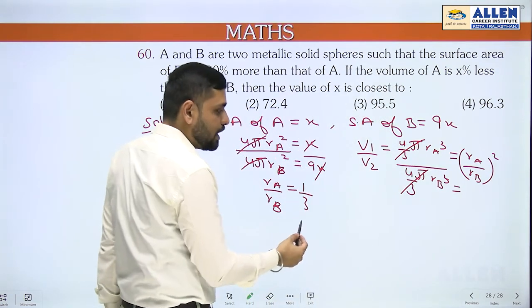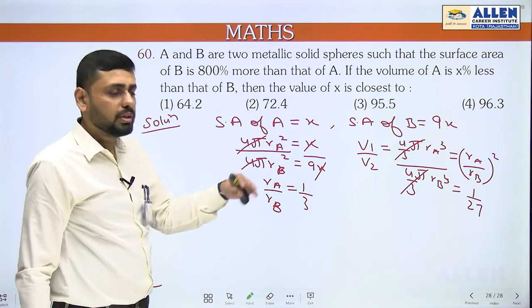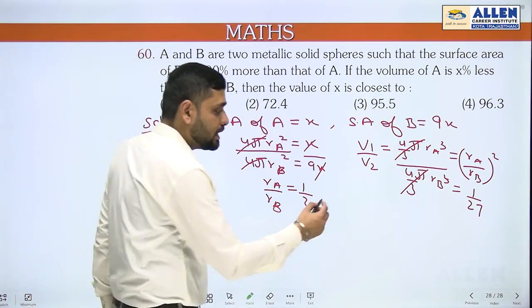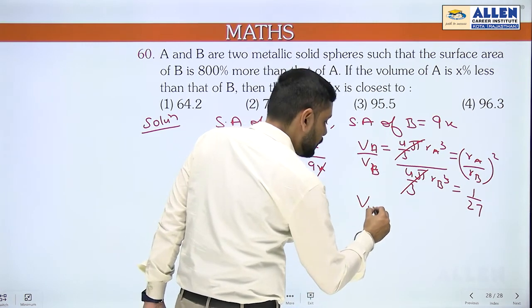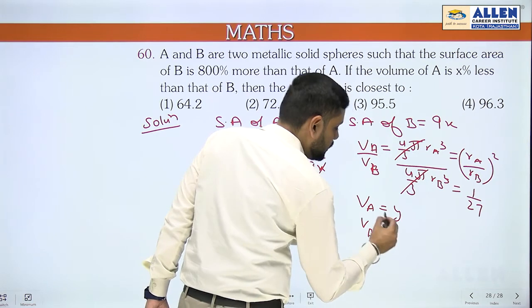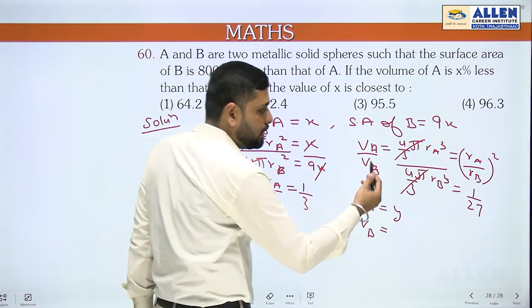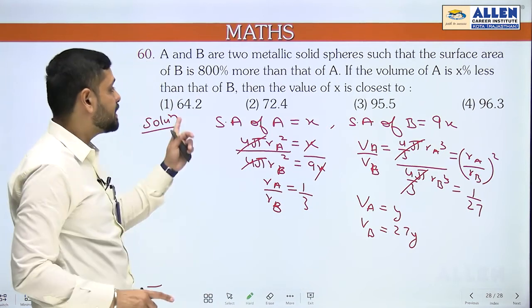So we'll keep the value of ra upon rb, we'll get 1 by 27. So the ratio of their volume will be 1 by 27. It means if the volume of A is, let's say, y, then the volume of B will be 27y, and it is given A is x% less than B.